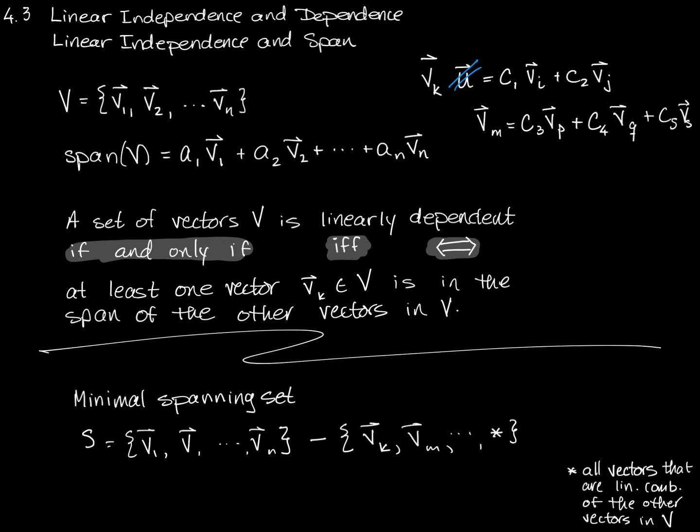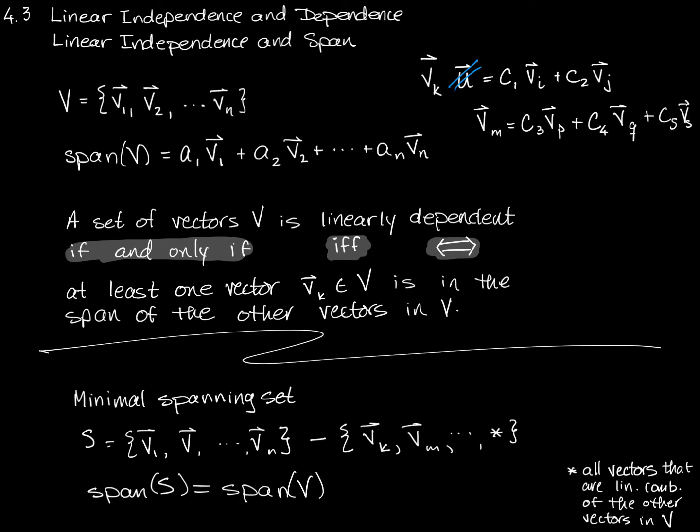But what I can say is, because the set S has been made up of all the vectors in set V minus the ones that are linear combinations of the other vectors in set V, the span of S and the span of V are the same.